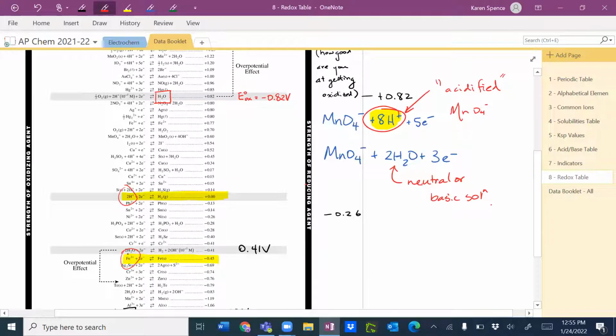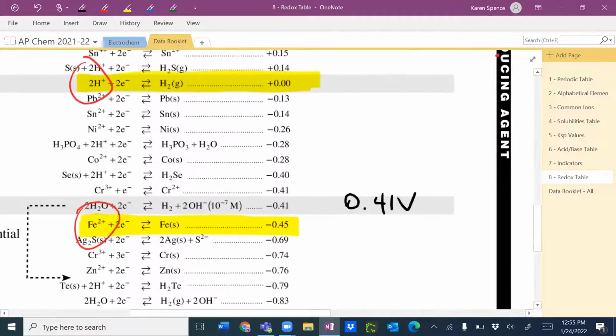Okay, so now taking the gold out of the equation, we're looking at these two possibilities. So which is going to be our spontaneous reaction? It's going to be the one that has H+ as the reactant and Fe as the reactant.